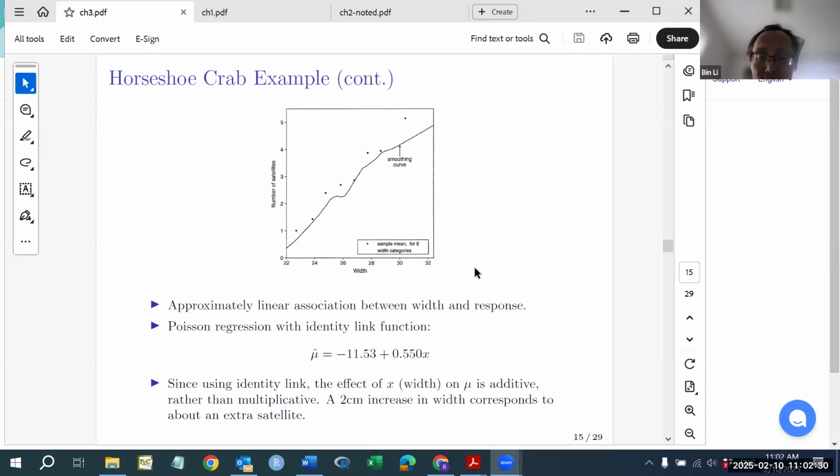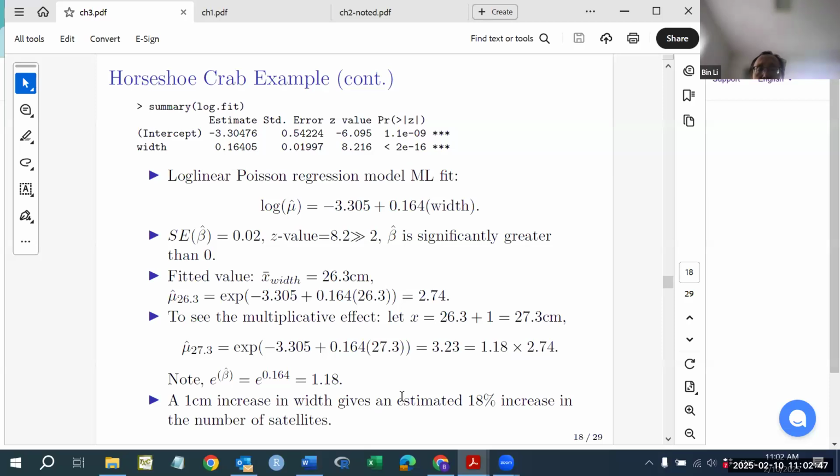But for the identity link, a 1 centimeter increase corresponds to about half a satellite, or 2 centimeters correspond to 1 extra satellite. So that's additive. That's the difference between using the identity and using the log link.